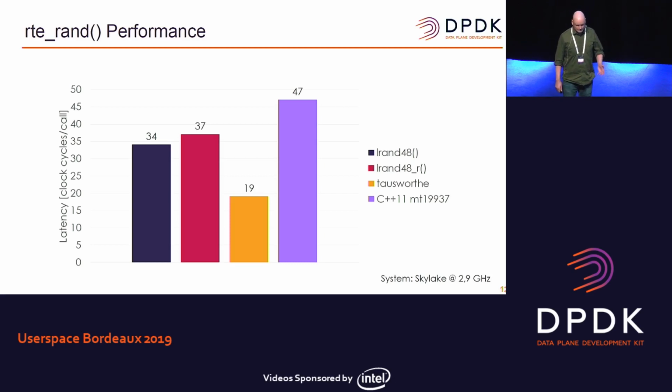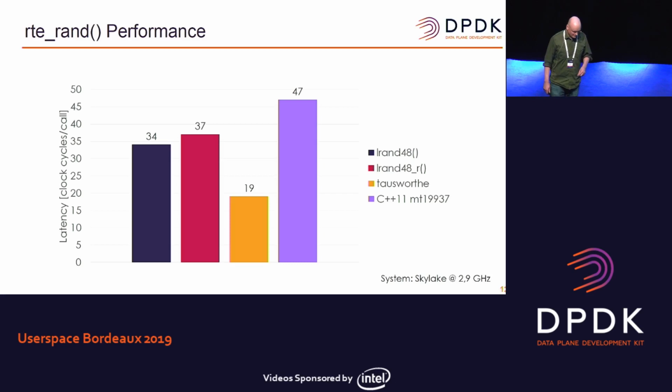And since I started out with lrand48_r, I also have those numbers. So it's a bit slower. I mean, this is all acceptable. Very few applications spend all their time on random numbers. But still, since I was messing around with this, I tried to make it good.